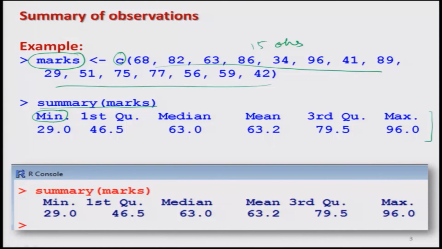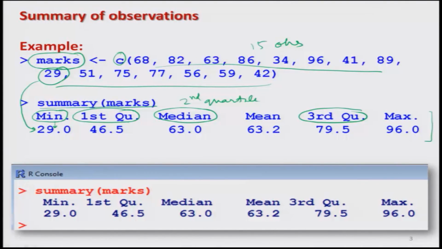So, it is saying that the minimum value is 29, that you can see from here. And then it computes the first quartile, second quartile which is actually the median, and then the third quartile also, and the fourth quartile is obviously the entire data set.